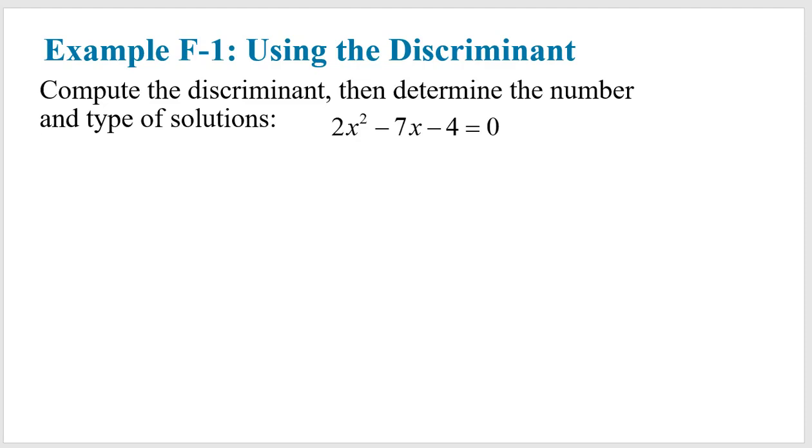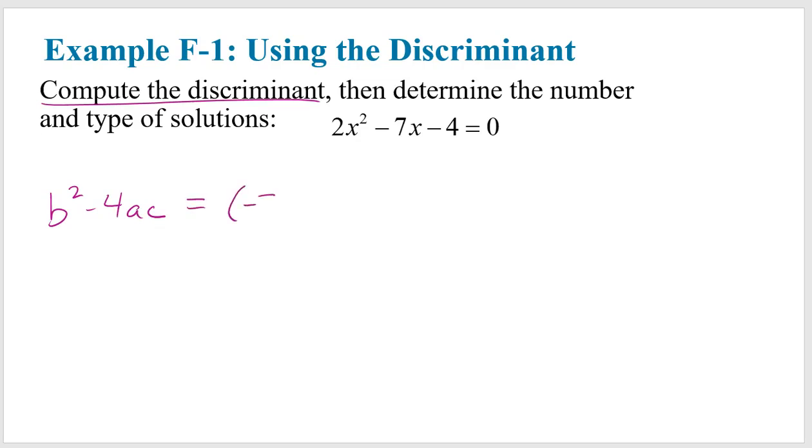All right, so if you have this quadratic, it asks you to compute the discriminant and then determine the number and types of solutions. Notice it doesn't ask you for the solutions, so it's not asking you to solve anything. The only thing it's asking you to do is to compute the discriminant. So the discriminant is b squared minus 4ac. What is my b value?